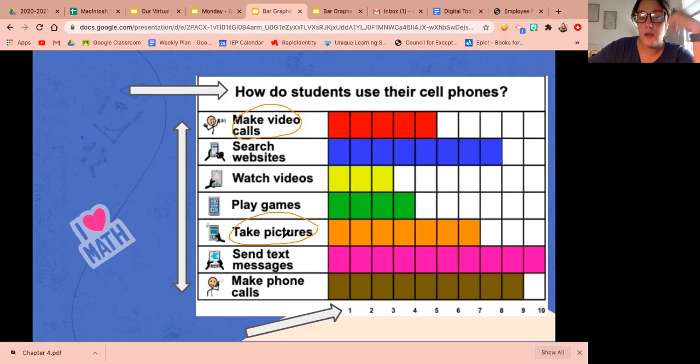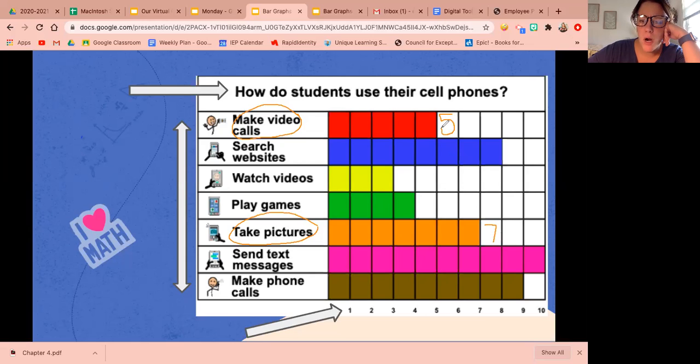Now, you could look at the colors and just determine which one is more, or we can compare the numbers. So can you identify how many students use it for taking pictures and how many students use it for making video calls? Taking pictures is 7. Making video calls is 5.